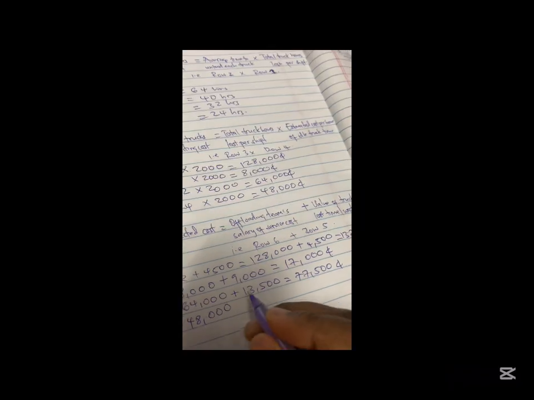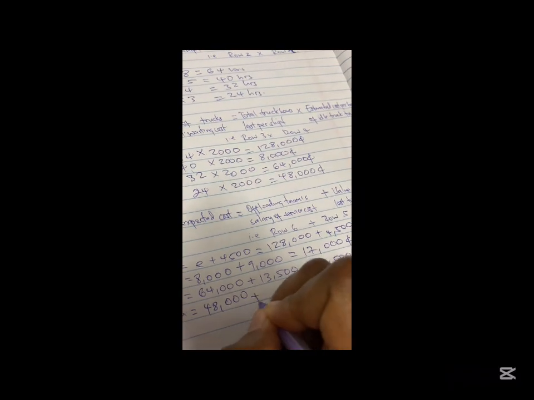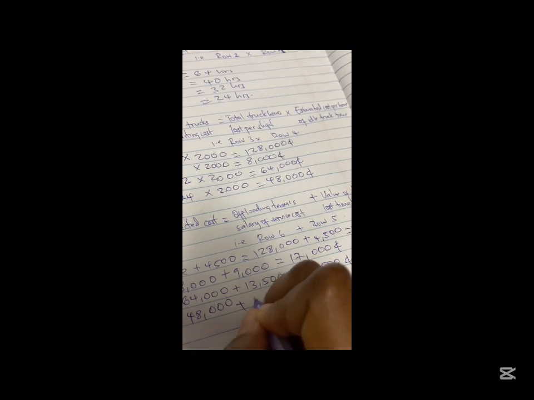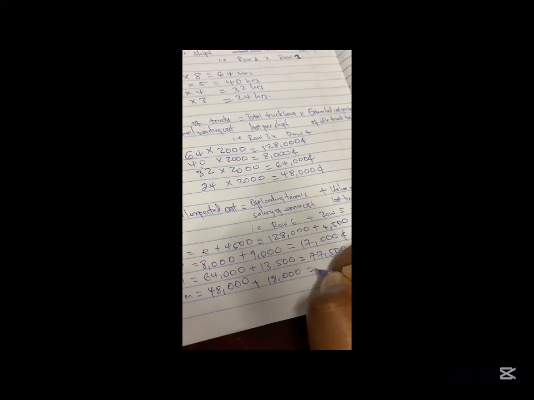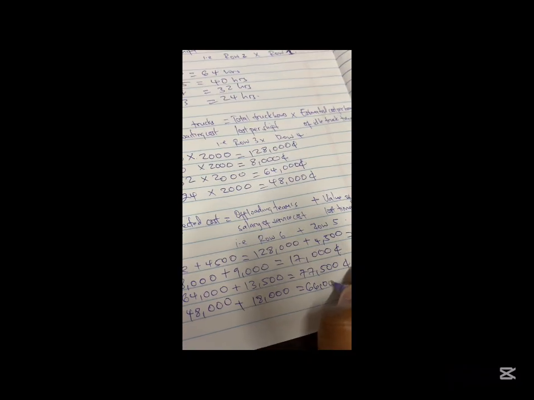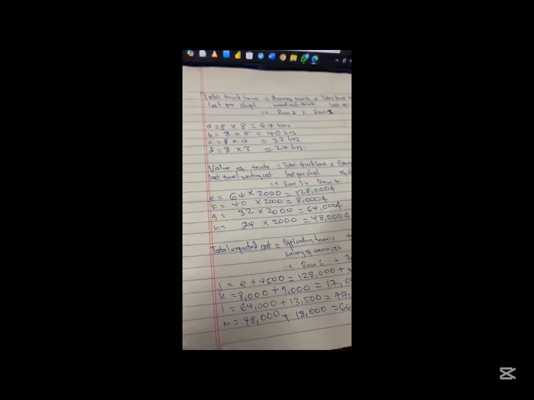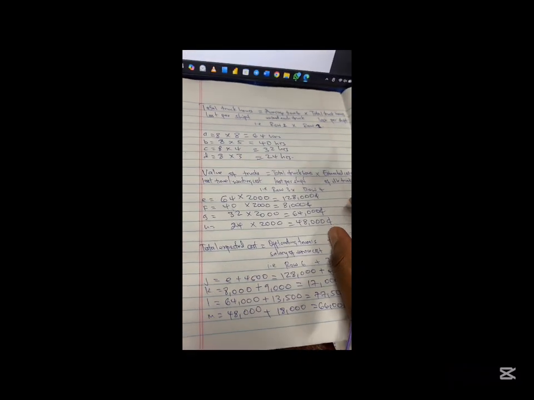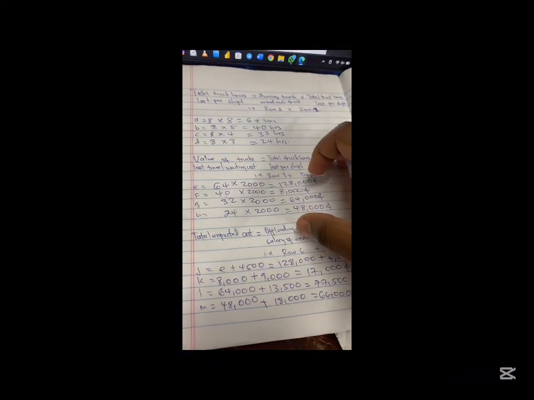So the value of H, we already have it, is 48,000 plus 18,000, which will give us 66,000 cedis. So from that point, we already have the value of A up to M.